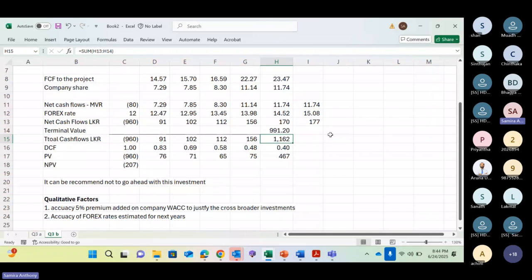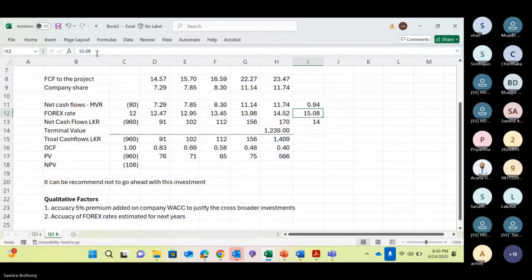Is that clear? Sir, can you calculate the 6th year cash flow and get the terminal value based on the 6th year cash flow? Yes, you can do that, no issue. The thing is, you are not getting the entire 177. This is actually the 50% of the cash flow. Therefore, divide by 50% and multiply it by 40%.